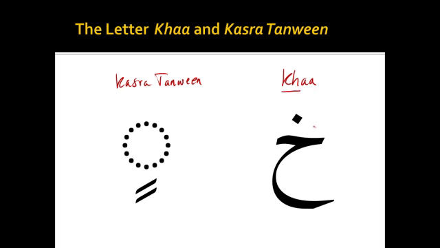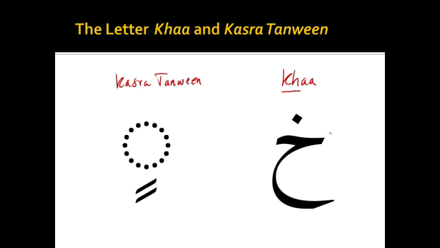However, this is a sound that is not as far back in the throat as the Ha, which we discussed before. It's a little bit closer to the mouth. And the Khaa is the sound that sometimes people make when they're clearing their throat. For example, they say some people make that type of a sound when they clear their throat. That is the Khaa sound.